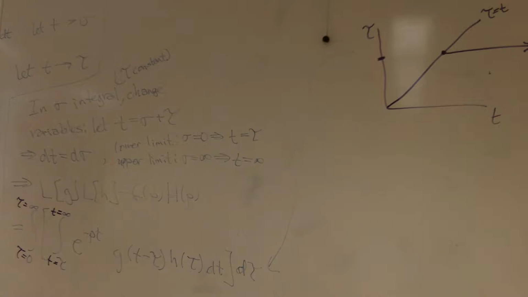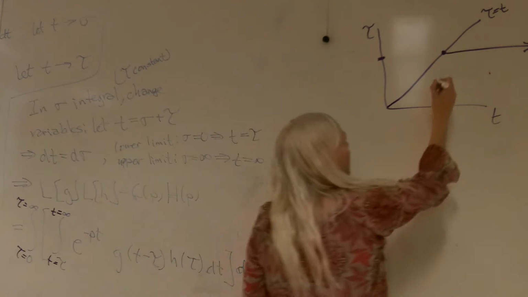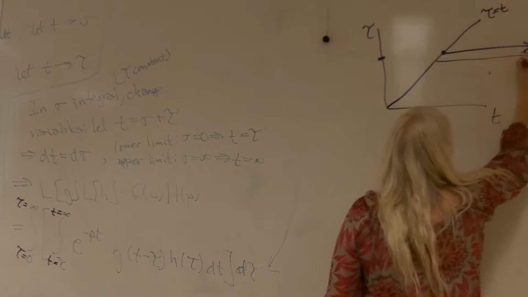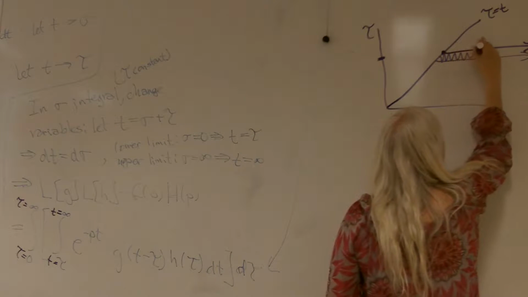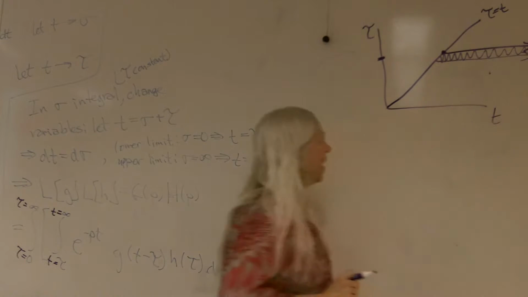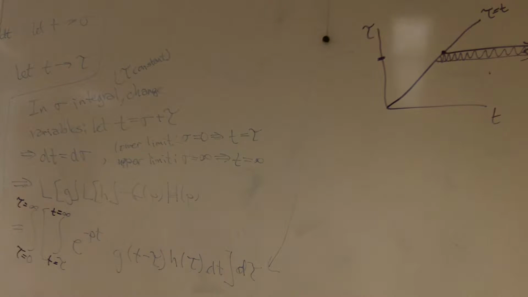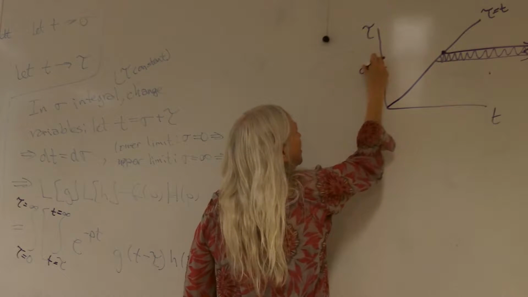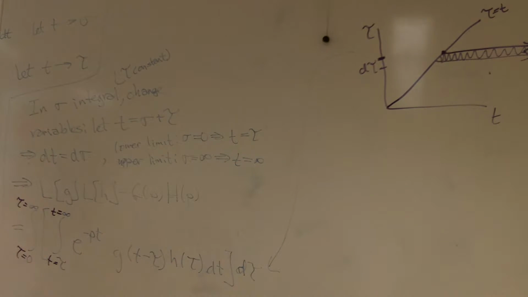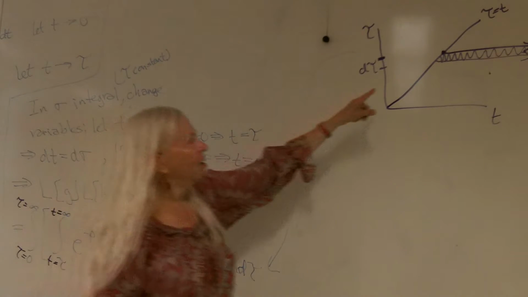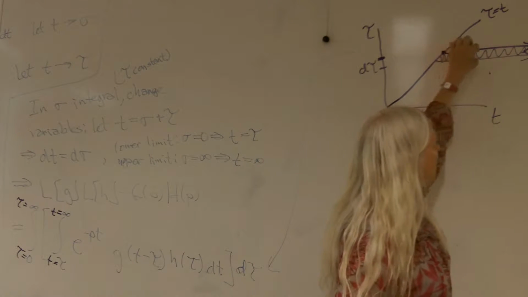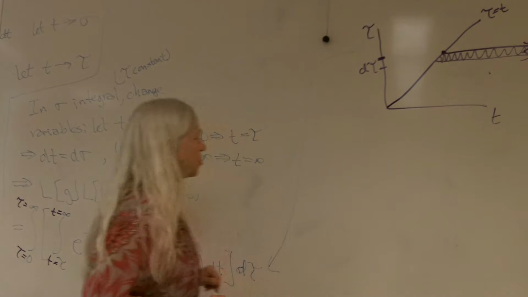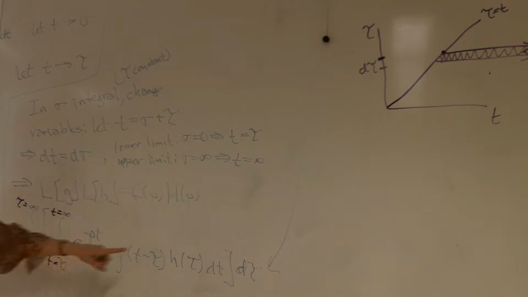Okay? So think of this as sort of like a Riemann sum kind of thing, right? Think of a little range here, d tau, along the tau axis, and we're integrating, and we're getting the area of that little strip right there. Then when we do our second integral, our integral over tau, we're letting tau go from 0 to infinity.